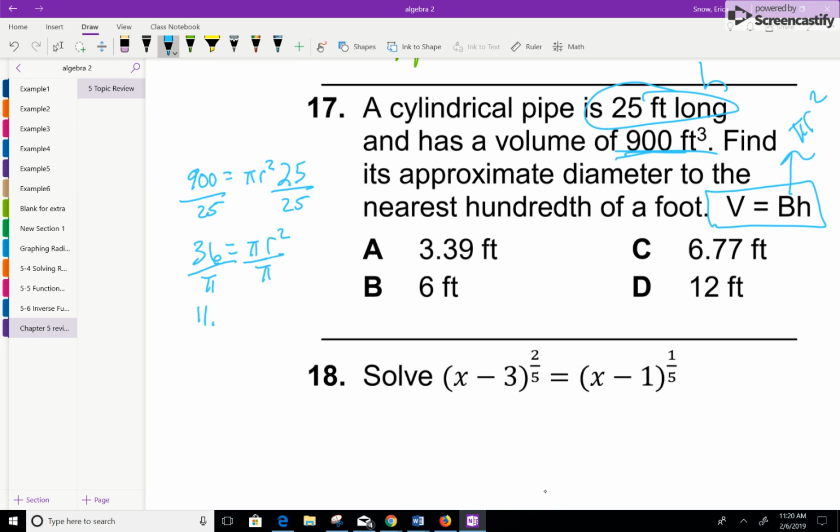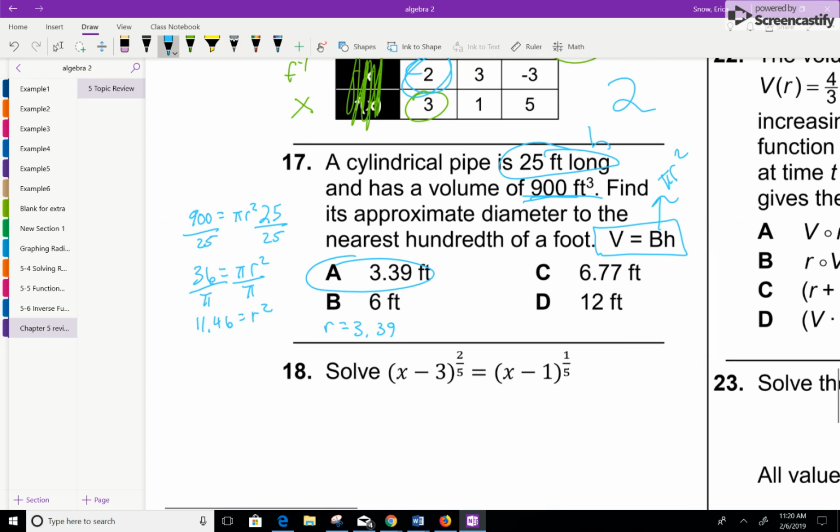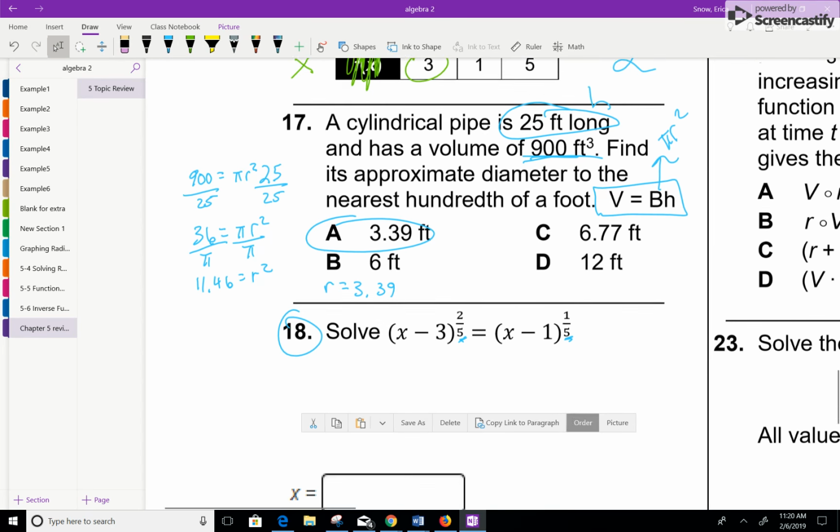And we get 11.46, and then we take the square root, and we get that r is approximately 3.39 feet.